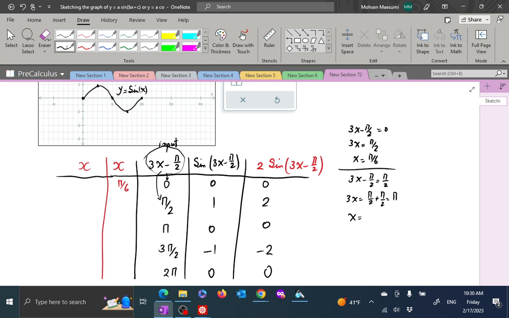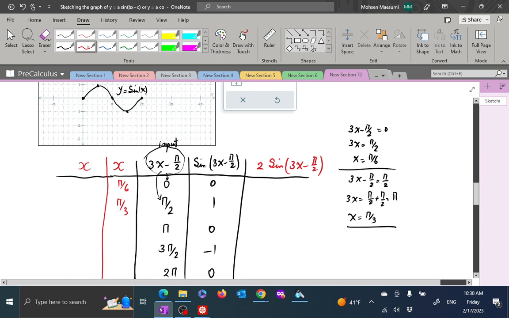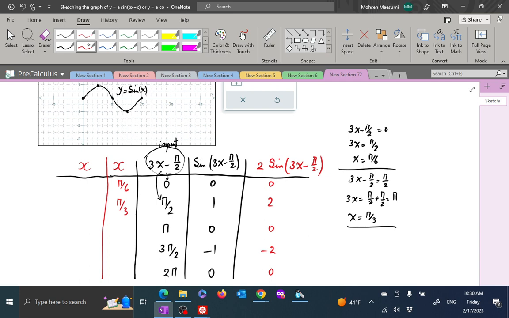So x is pi over 3. And again, I made a mistake, let me color them. 0, 2, 0, minus 2, 0. Those are our final numbers. Write it in red to differentiate them. So pi over 3.